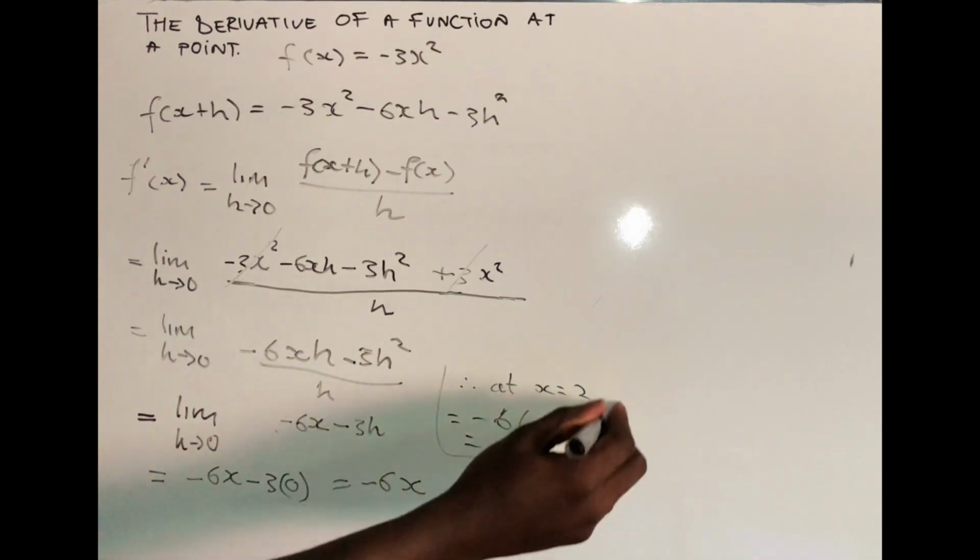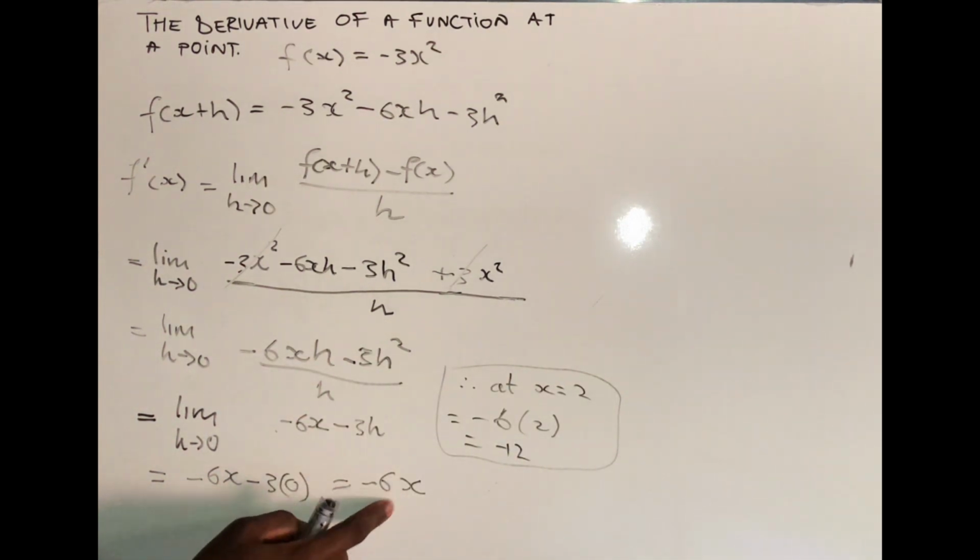This is just an example, but the final answer for now is this one. If they ask you to find the value or the gradient at x equals 2, you simply substitute 2 where there's x. I hope this makes sense.